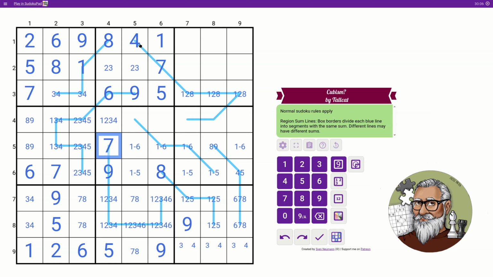9, 7. Right. These can be pencil marked as well. 3, 5, and 7.